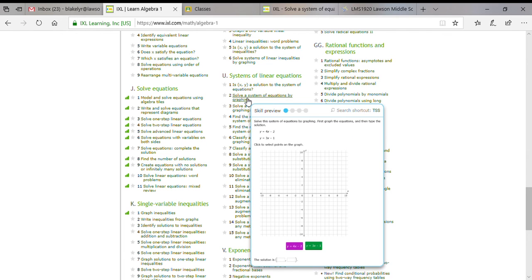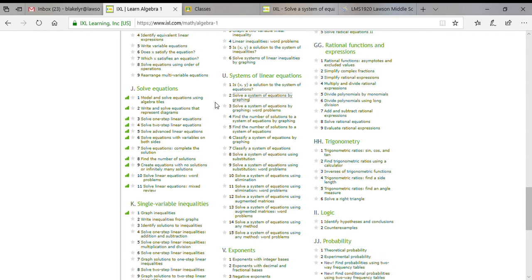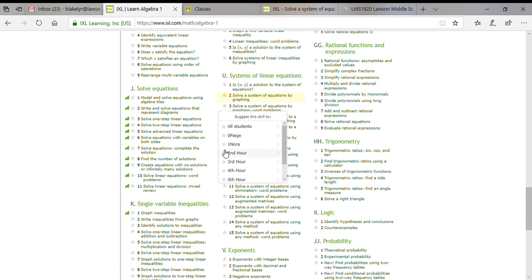But right now U2 is the important one. So I'm going to assign both U2 and U3. But your due date's not until the end of the weekend. So if you need some extra time to work on these and make sure you're feeling solid and get a good SMART score, then you've got that.